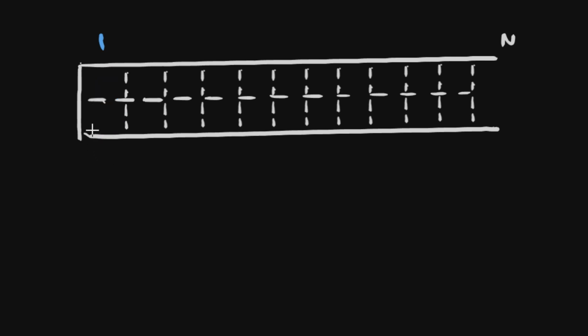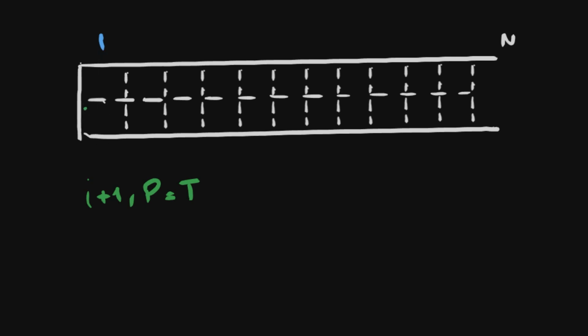Now let's think about this. For example, we can use a domino like this and update I, and the previous column will be full. So we can update I to I plus 1 and the previous column will be full. So we can put true here. Now we have another way to fill this column.